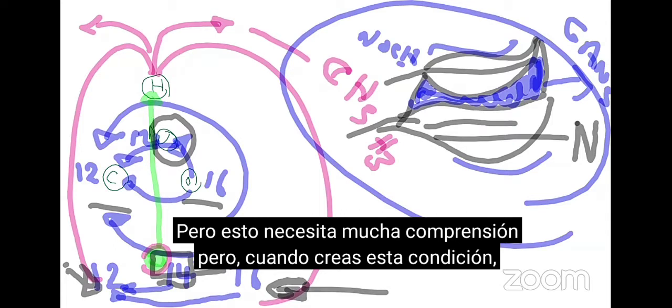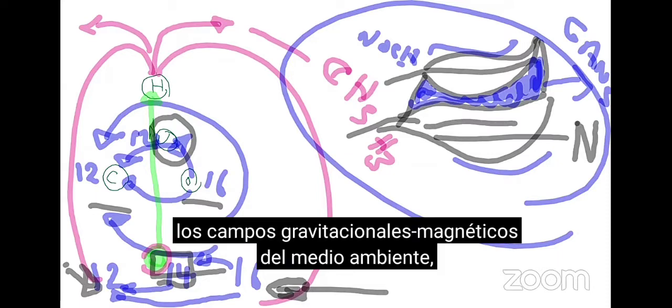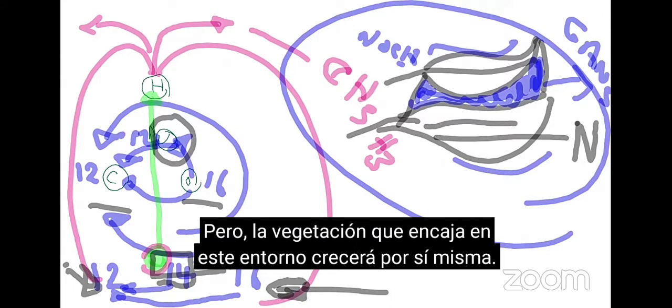But this needs a lot of understanding. When you create this condition, you don't plant plants which are not suiting the gravitational magnetic fields of the environment, as we saw with the tree line in the mountain, but vegetation which fits into this environment will grow by themselves.